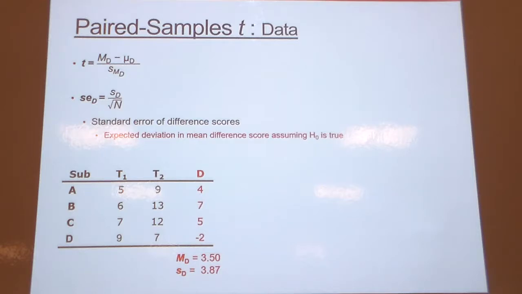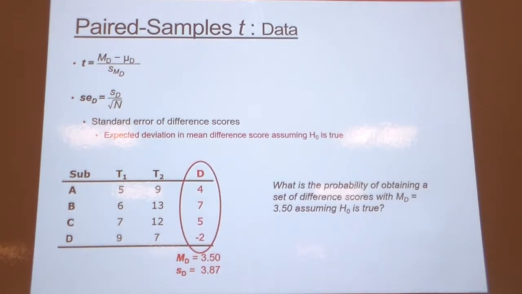We plug that in here. And so, again, this is capturing the variability we would expect if the null hypothesis were true. In the population, if there is no difference between time 1 and time 2, if that difference score is 0, we're not going to get exactly a difference of 0. We're going to have some play and some variability in that. That's what our standard error here is capturing.